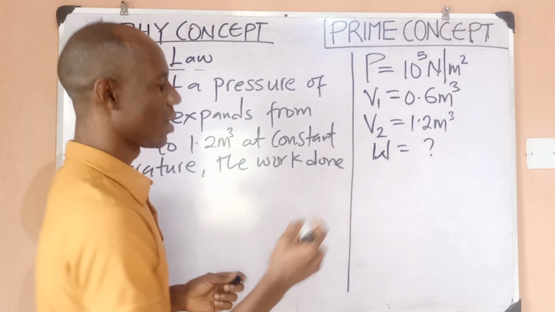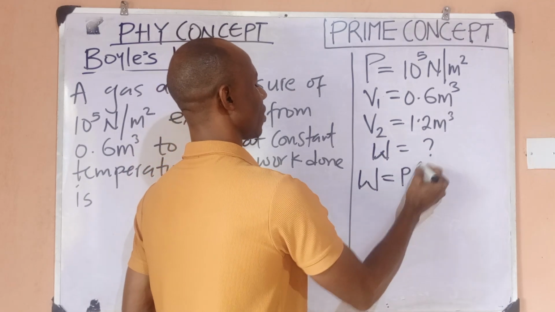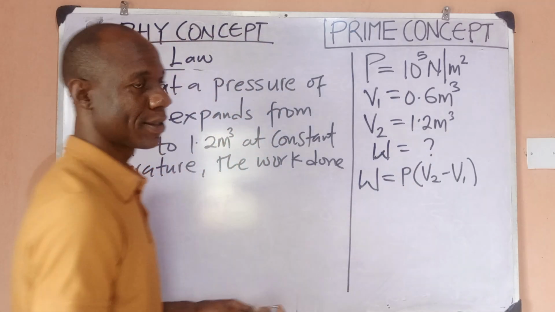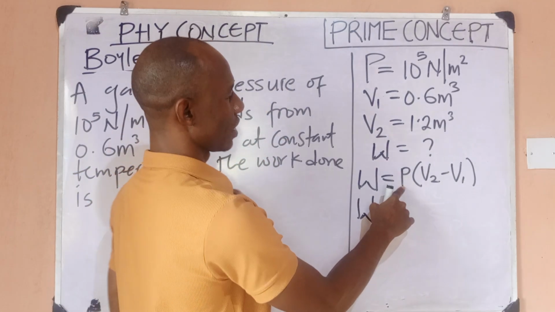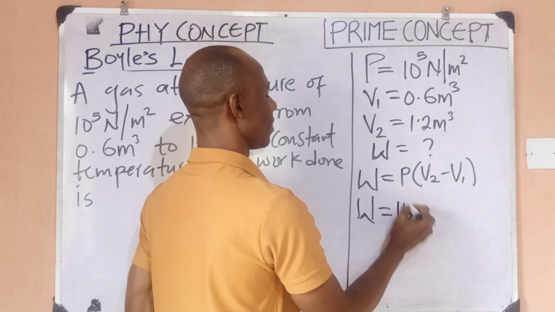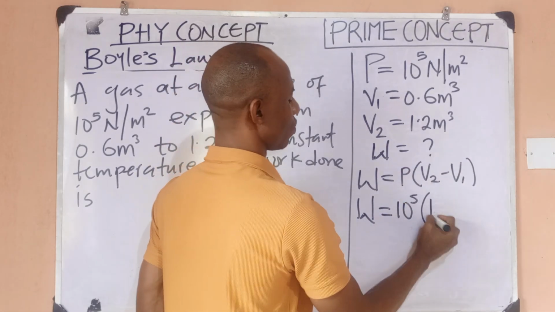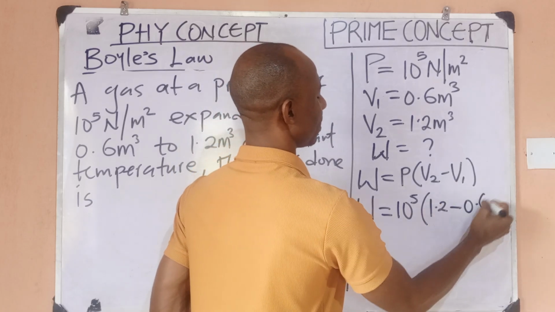The work done is, so we're trying to find the work that is done, and it's very simple. So what is work done? We just derived. The work done is pressure times V2 minus V1, right? Yes. So that the work done becomes what now? P, which is 10 raised to the power 5, into V2 1.2 minus V1 0.6.